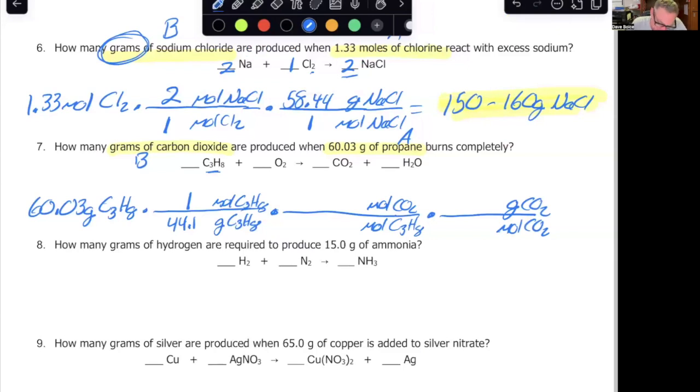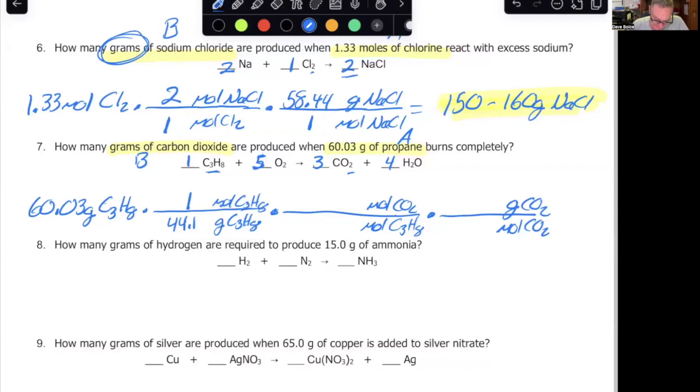So let's figure it out. 3 carbons to 1, so let's put a 3 there. 8 hydrogens, water's only got 2, so 4 times 2 is 8. Good job. Oxygen, I've got 3 times 2, so 6 in the CO2, plus another 4 in the water, that's 10. So let's put a 5 on the O2 for 10 oxygens. That means I have one of these.